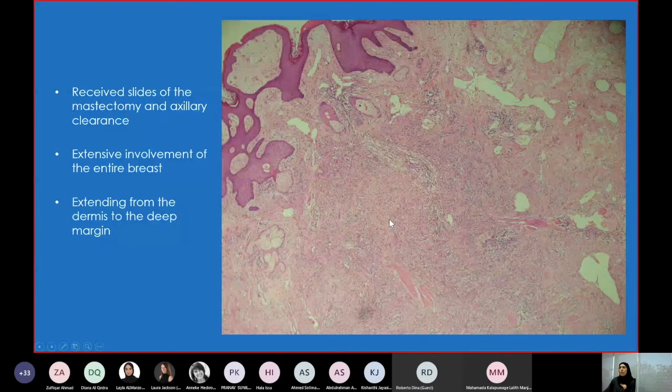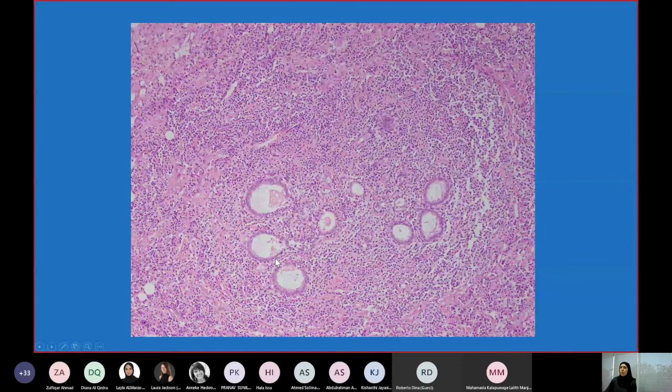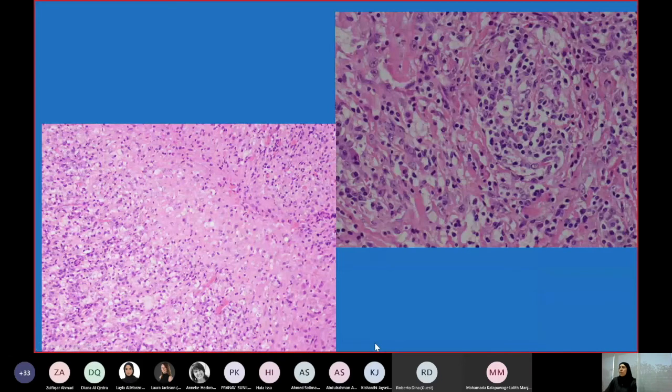So let us go higher on some of the areas. We can see this is a residual benign duct, no atypia, no DCIS, and it's surrounded by prominent lymphoplasmacytic infiltrate. Going higher on the same area, you can see lymphoplasmacytic infiltrate, some fibrosis, and then scattered large cells with prominent nucleoli.